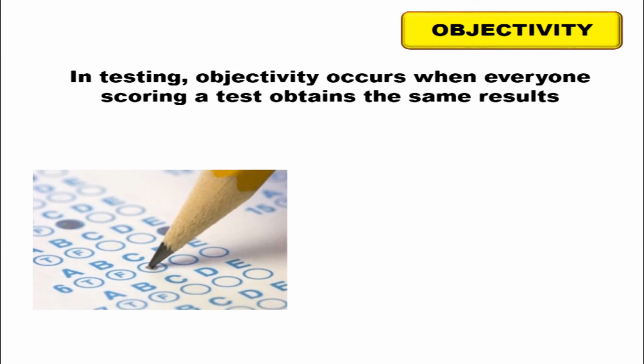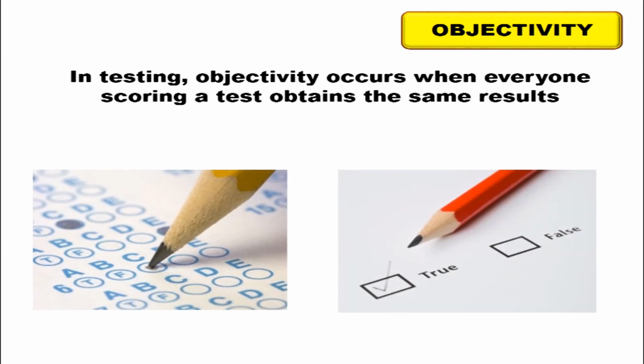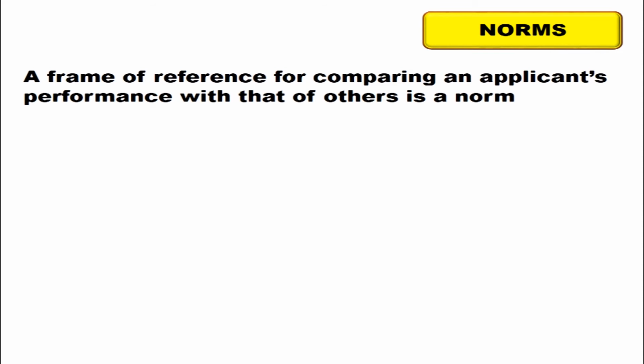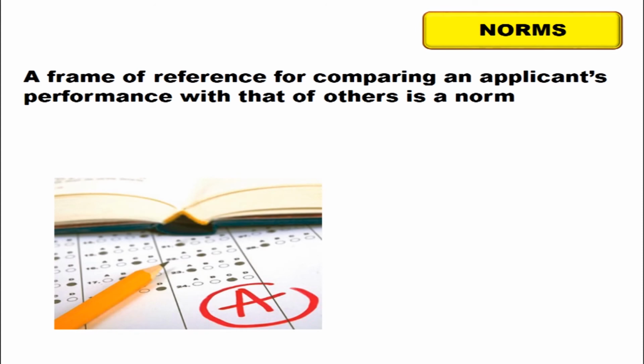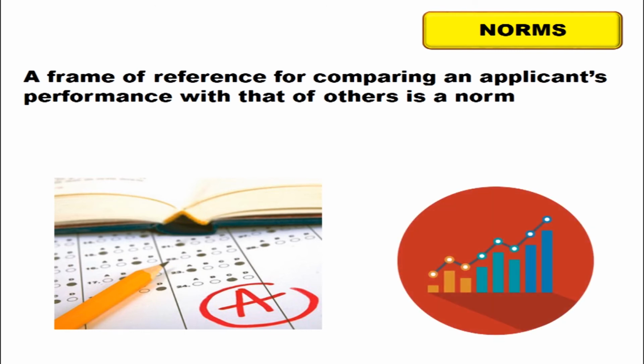Multiple choice and true-false tests are objective. The person taking the test either chooses the correct answer or does not. Norms. A frame of reference for comparing an applicant's performance with that of others is a norm. A score by itself is insignificant. It becomes meaningful only when compared with other applicants' scores.